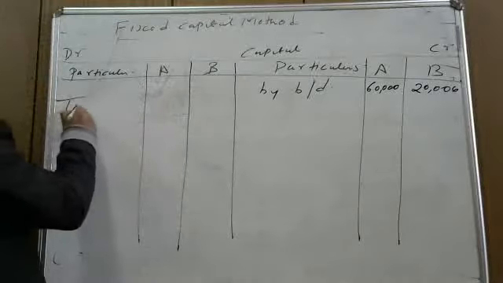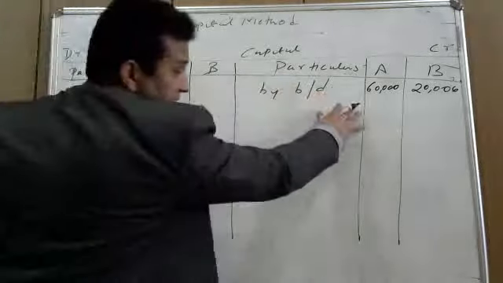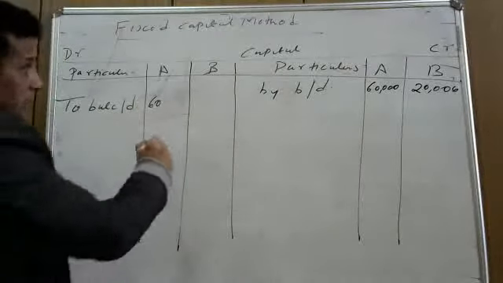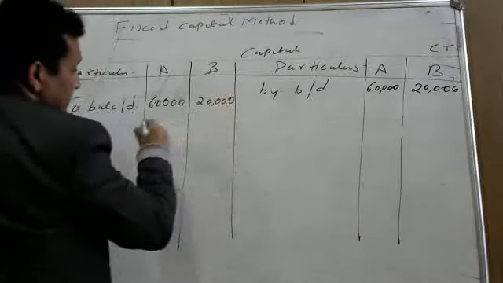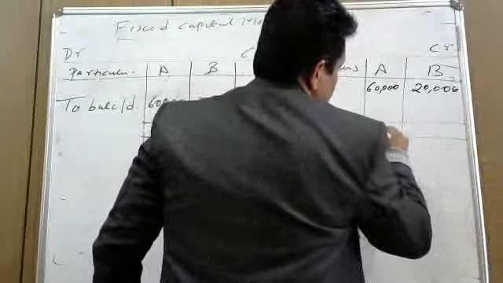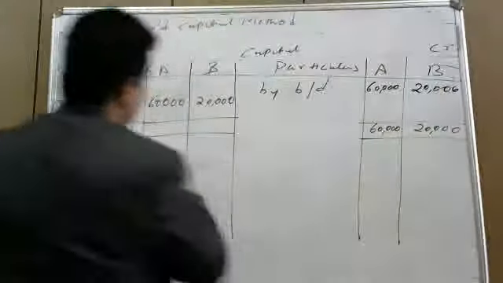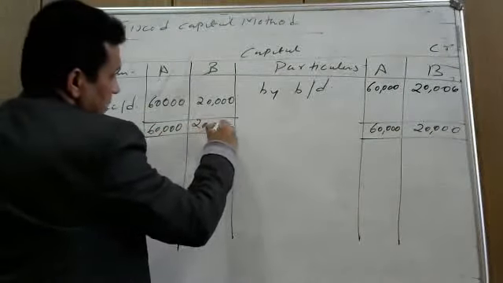So simply, nothing on the debit side, and we write here "To balance c/d", because the opening balance, the capital, is not changed at all. The fixed capital is not changed at all. 60,000 and 20,000 is the balance c/d, the closing balance. We are balancing it.